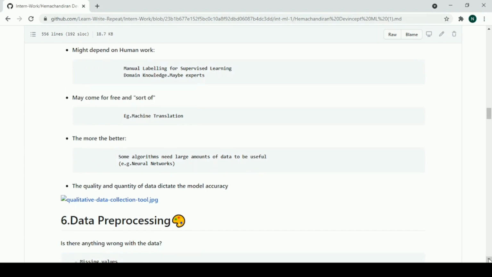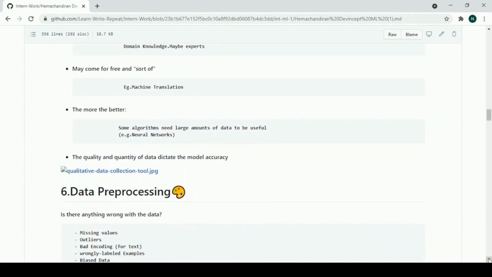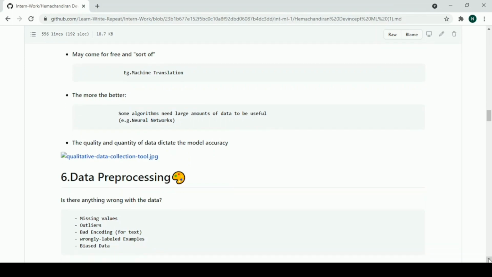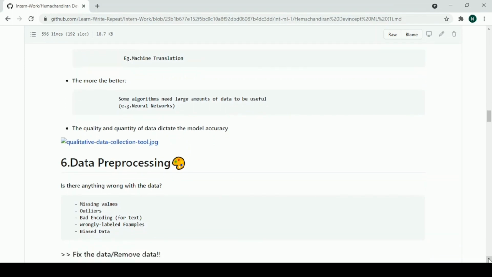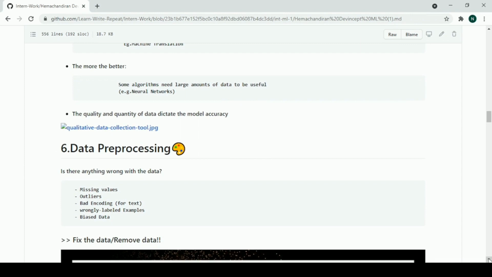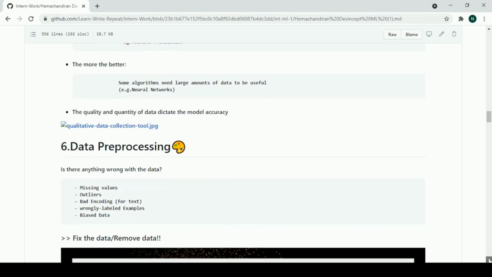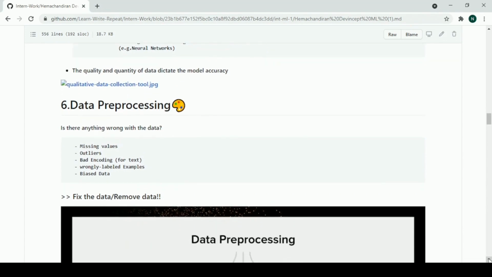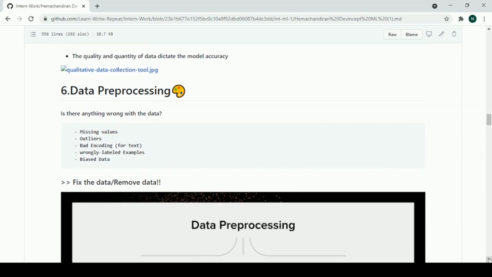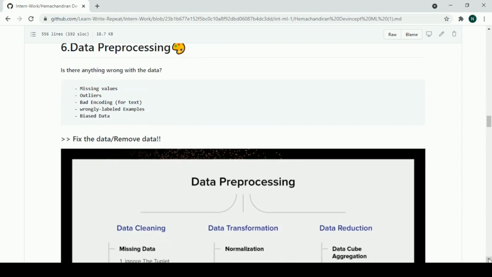Now comes data pre-processing, where we ask what is wrong with the data. Some of the common things included are missing values, outliers, bad encoding for text, wrongly labeled examples, and biased data. We have to fix the data or remove it.